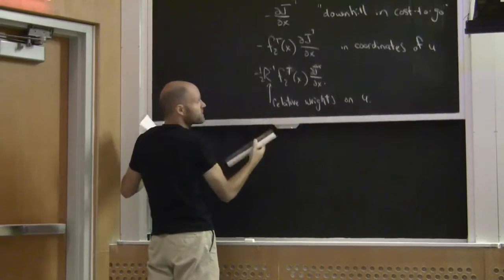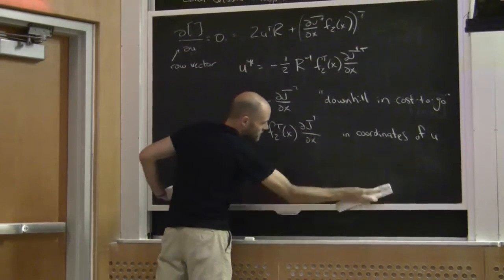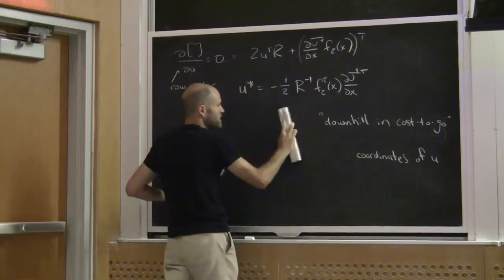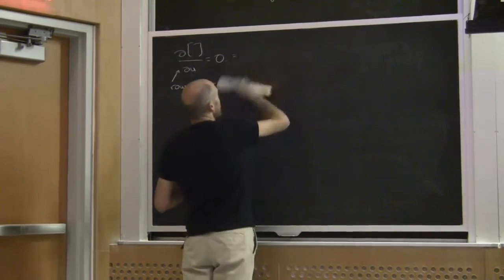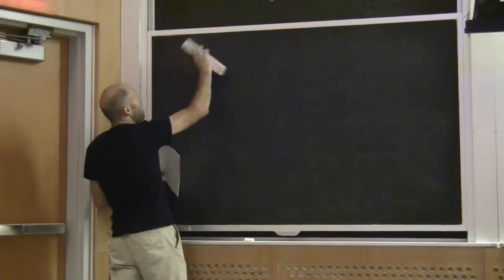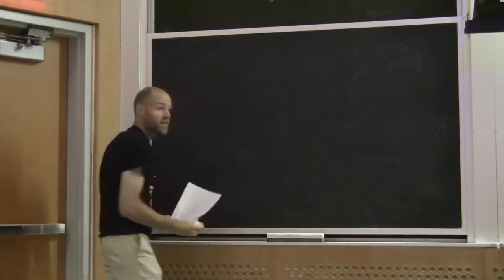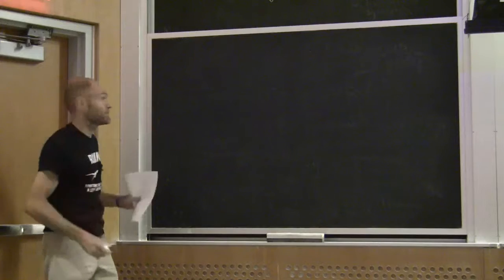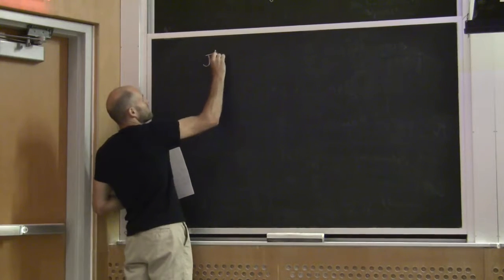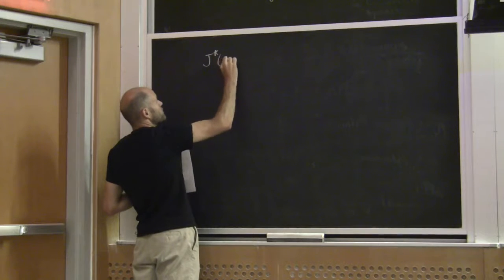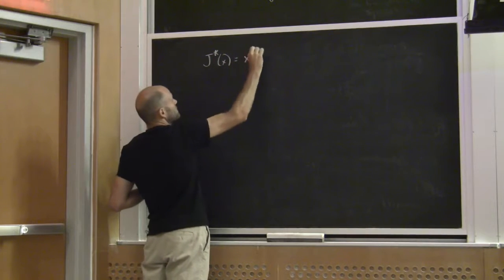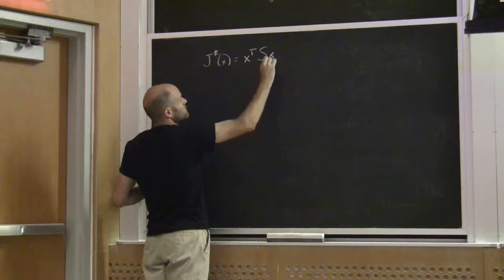someone that came before us, who's much smarter than us, possibly, I'll speak for myself only, much smarter than me, figured out that all of the cost functions like this have a cost to go that's quadratic, right? So they said, well, it's enough to search for J of x that is some quadratic form.